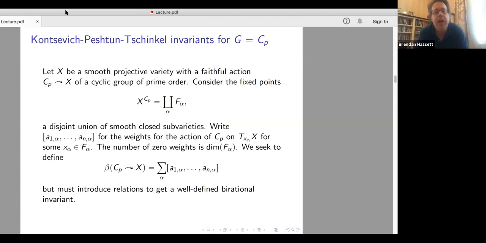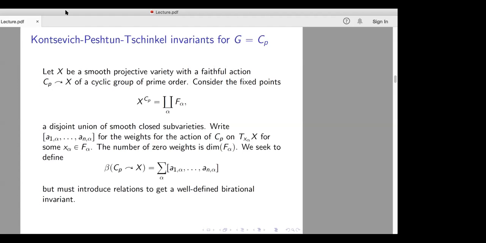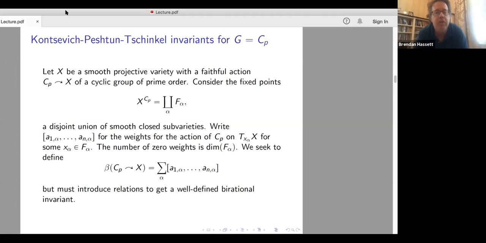This is the simplest possible case because any point on X that has non-trivial stabilizer is actually a fixed point. It just makes it easier to present the basic structures. So you have these fixed points, and since we're working over the complex numbers, we can diagonalize the action of this cyclic group on the normal bundle, and we keep track of the weights for that action.